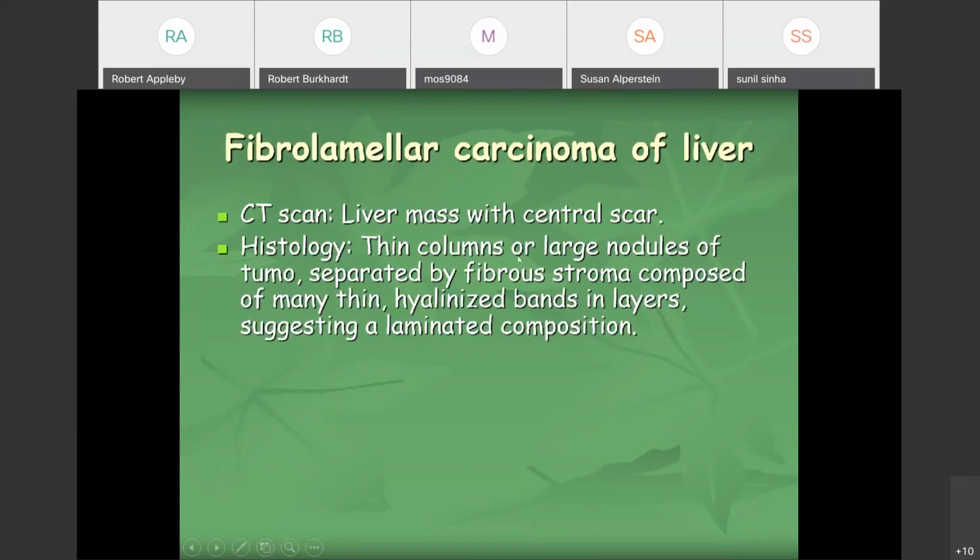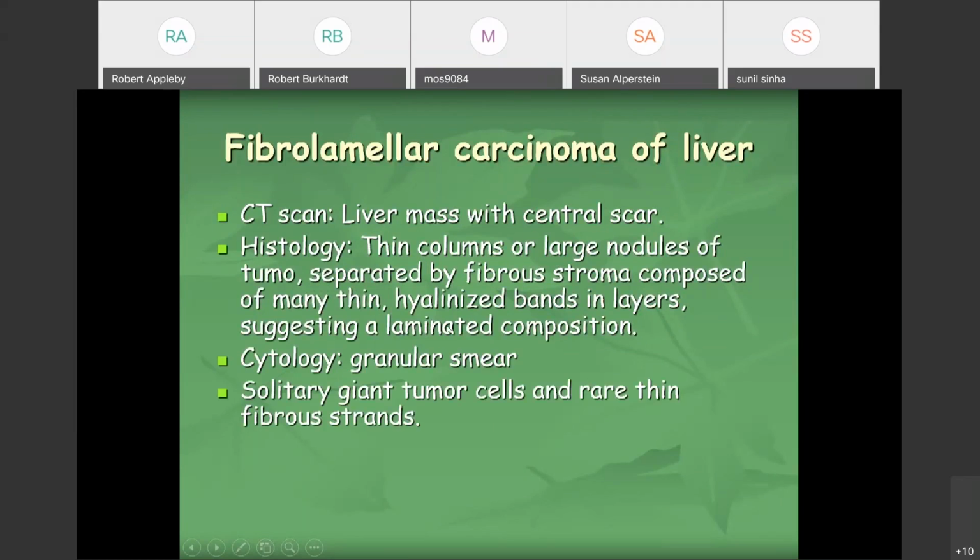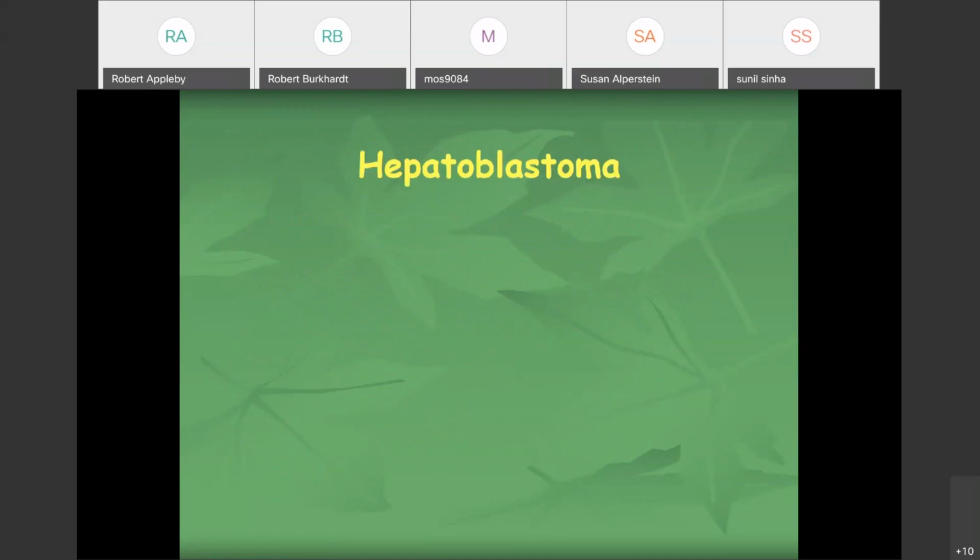Histology shows thin columns, large nodules or tumor, separated by fibrolamellar, composed of many thin hyalinized bands of layers. Granular smear. Giant tumors are like eyeball-like nucleus.